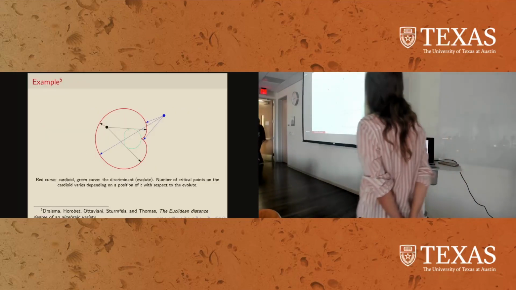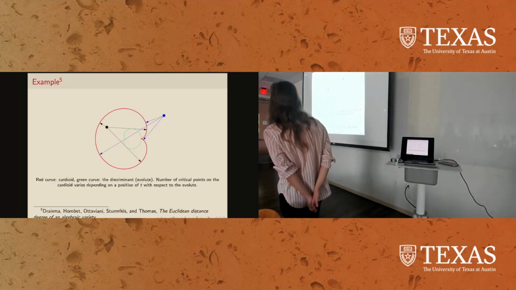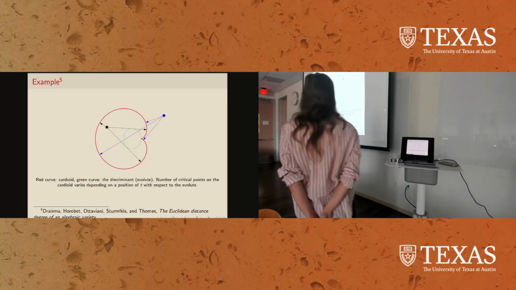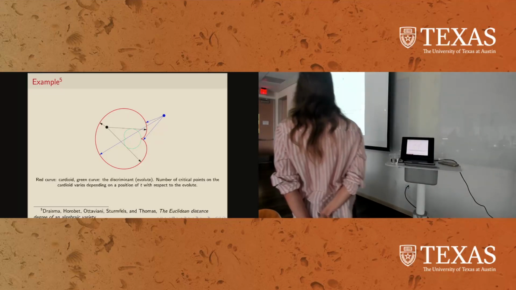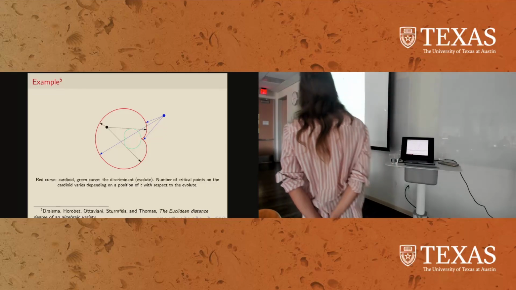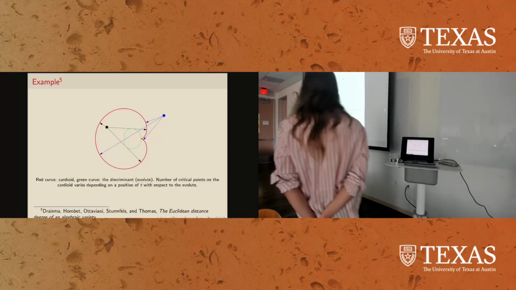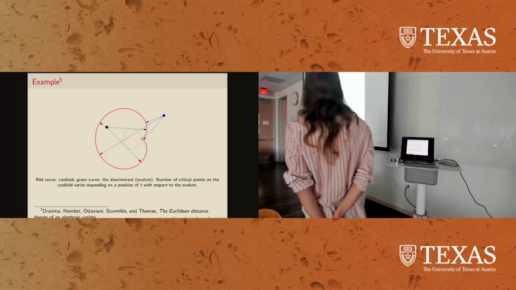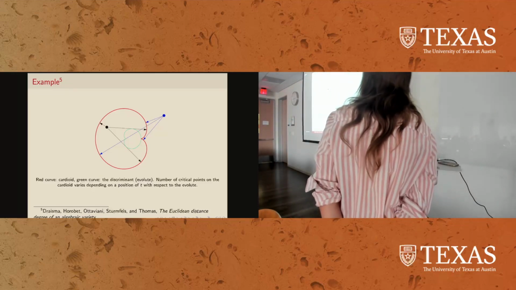This is a classical example of the discriminant. So the variety of students is this red cardioid. Generically, for any teacher in the 2-dimensional space, you have 3 solutions, 3 critical points of the distance function. But if your teacher lives on that small green cardioid, then you actually get only 2 solutions.